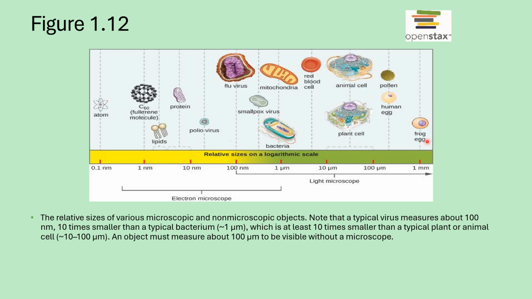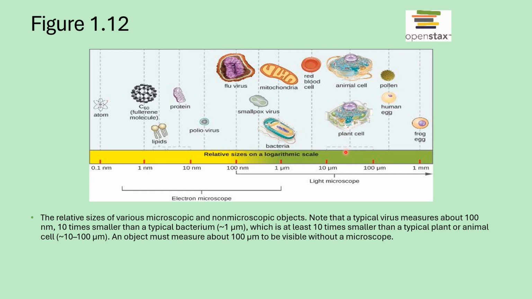Over here on this side, it shows the frog egg. It's about 1 millimeter. Most people think, oh, that's pretty small. Yeah, to a microbiologist, that's big. Okay. This is the largest end on this side. As we move down here, things are getting smaller and smaller.